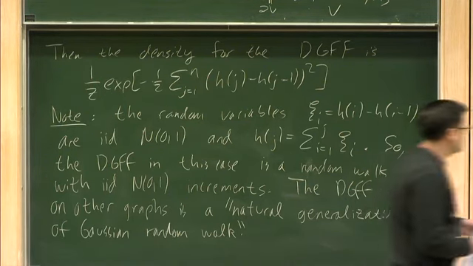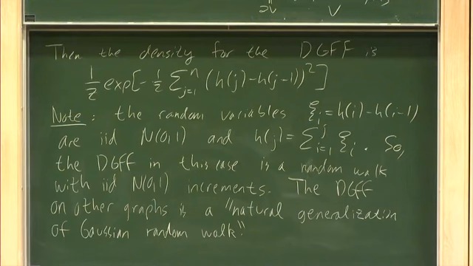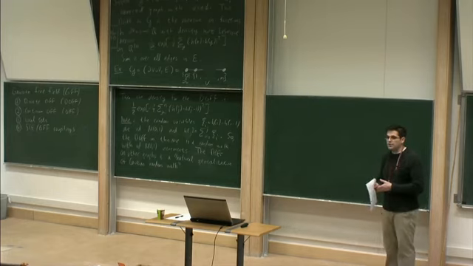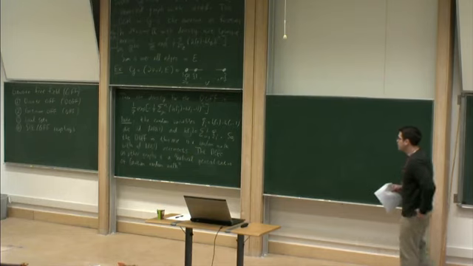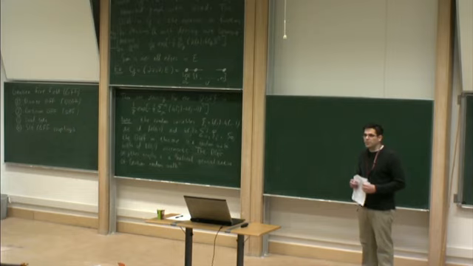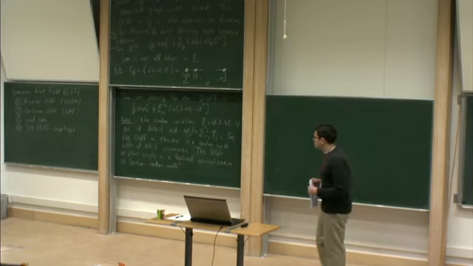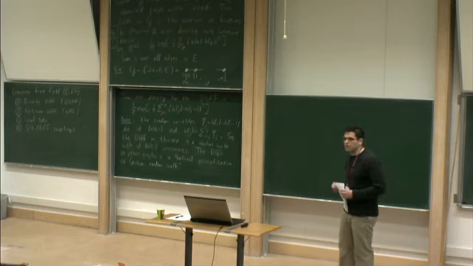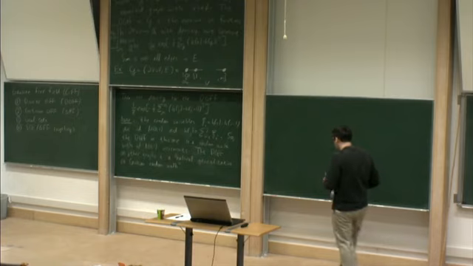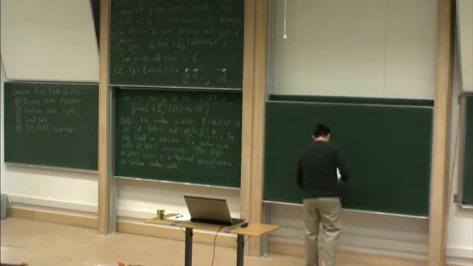All right, so now what I want to do is to start to prove some of the basic properties of the discrete Gaussian free field. And as I mentioned earlier, I'm going to do this in a way which is going to be completely parallel with the way that one establishes the corresponding properties for the continuum Gaussian free field, except there won't be any of these annoying little technical points coming up.